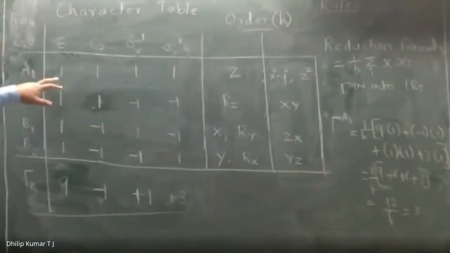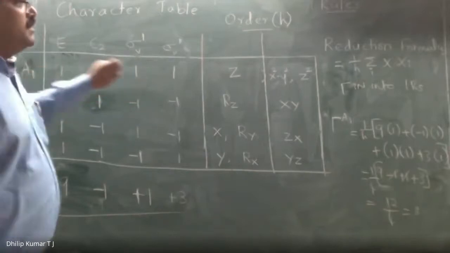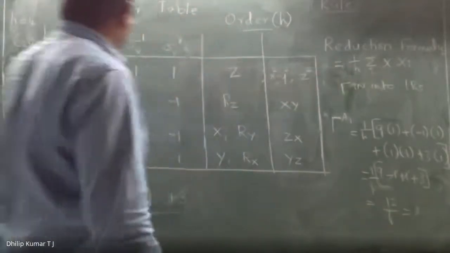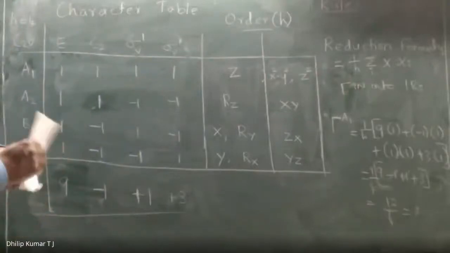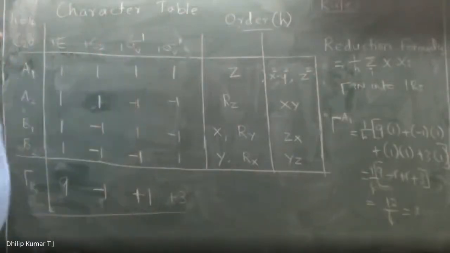Chi i is each character of the IR, and chi is the corresponding symmetry element. Here it's all 1, 1, 1, 1. That's what I have done.